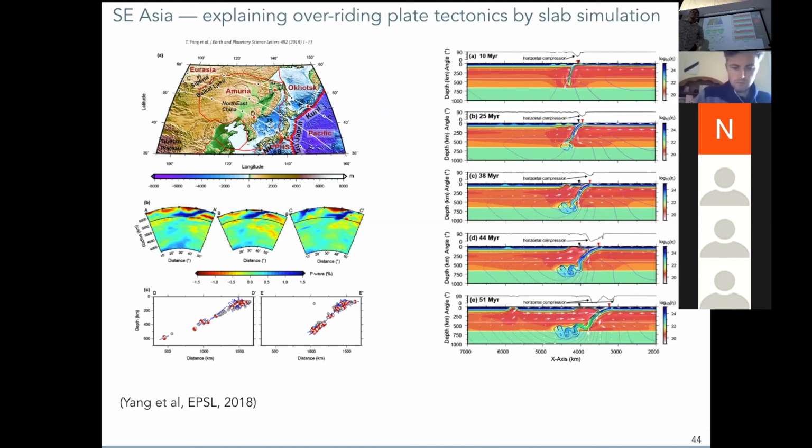So in your 3D simulation, do you really see slab windows, or is it mostly continuous? I think it's mostly continuous in a lot of cases, but it mostly breaks off, and the windows that develop are really associated with the region of buoyancy anomaly.